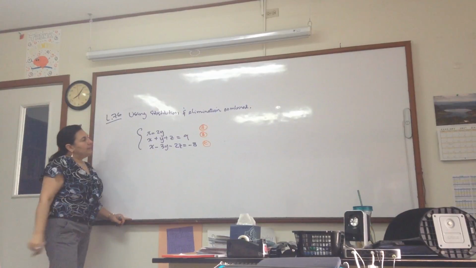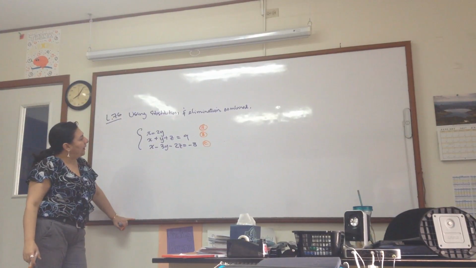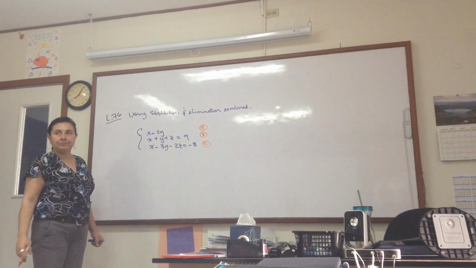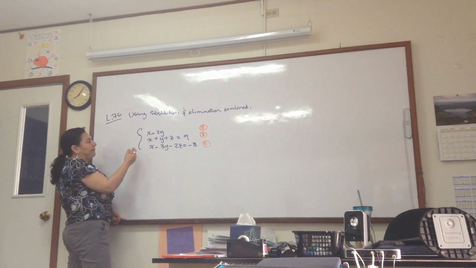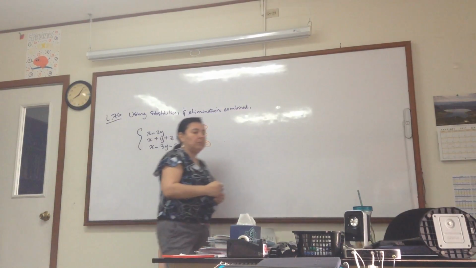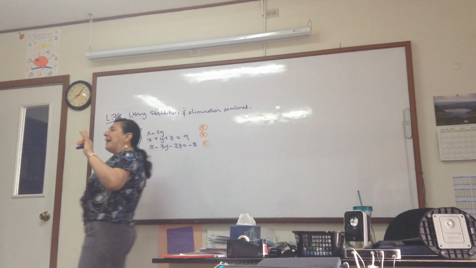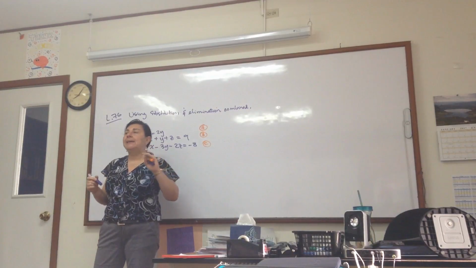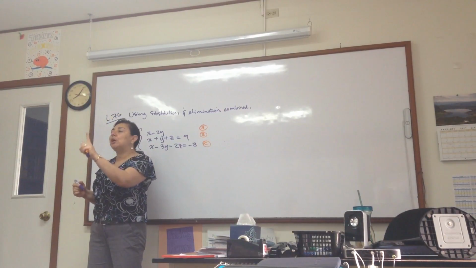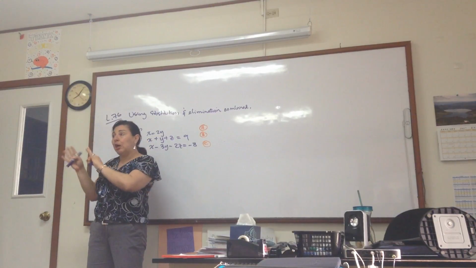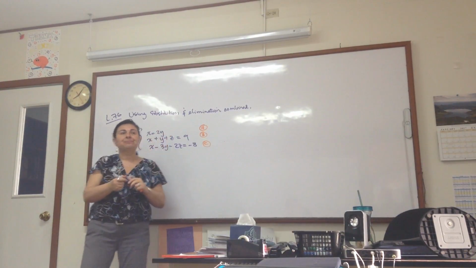So, let's start with A and B. Or, let's eliminate first, shall we? If I'm going to eliminate first, my objective here is to find one single equation with one single variable so that I can solve for that one and go backwards, okay?